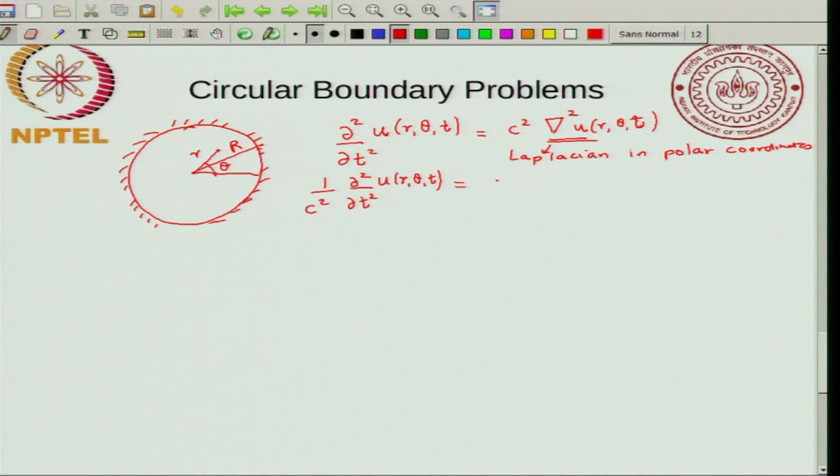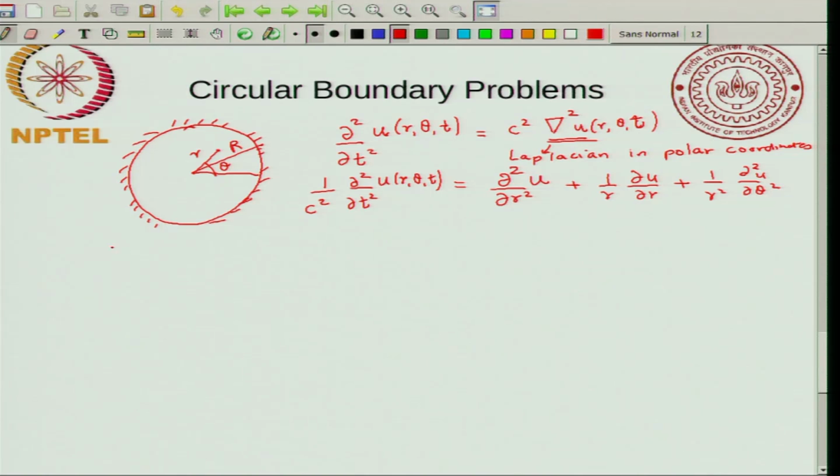The Laplacian in polar coordinates has this form: d square by dr square of u, I am not writing the r, theta, t dependence, plus 1 by r dou u by dou r plus 1 by r square dou square u by dou theta square. That is what you have on the right hand side, and on the left hand side you just have d square by dt square.